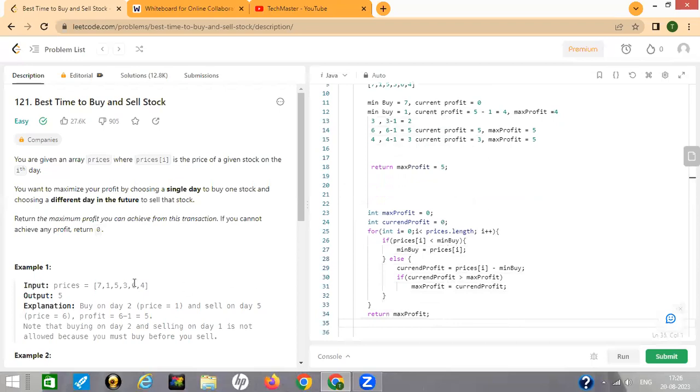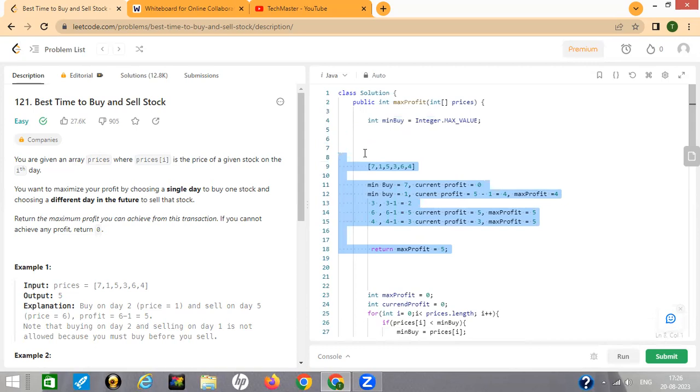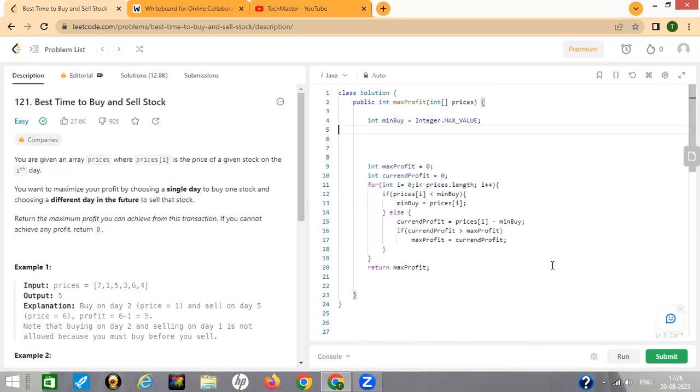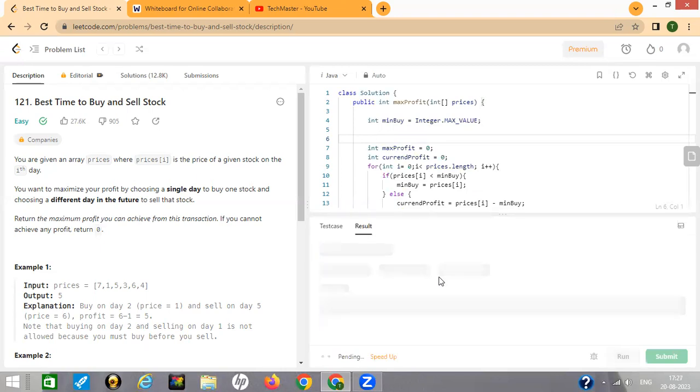If we look at this test case also, the output expected is 5. So let's run this solution that I have coded here. Yeah, so these test cases are accepted.